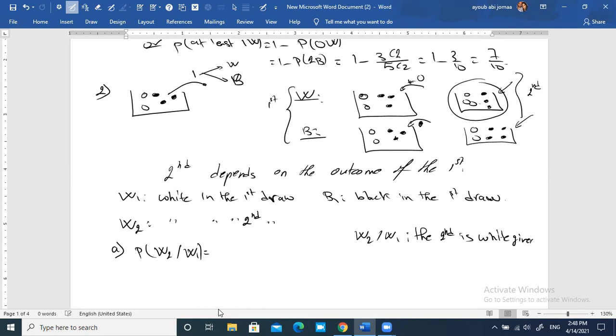Given that W1. What is W1? The first marble is white.